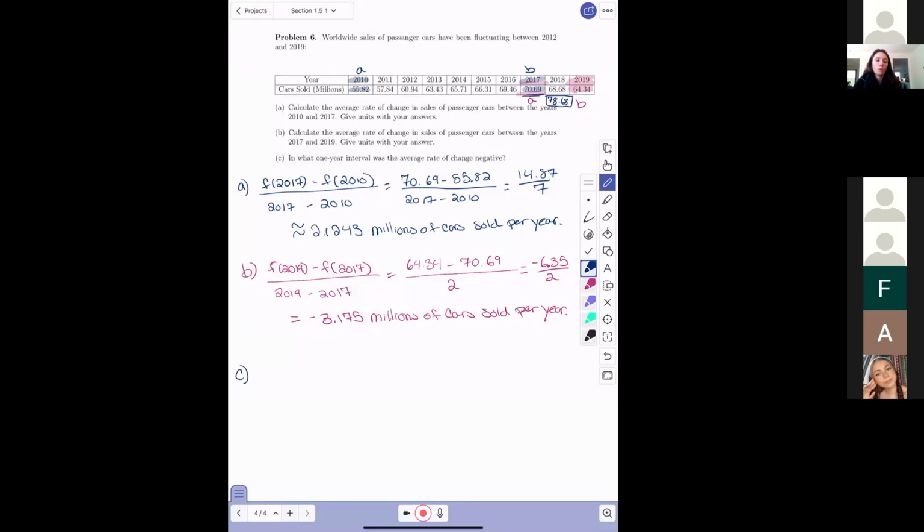But the 1-year interval where the average rate of change is negative is from 2017 to 2018, or 2018 to 2019. The reason is, I bet I typed that out wrong, so there's 2 years where the number of sales is going down.